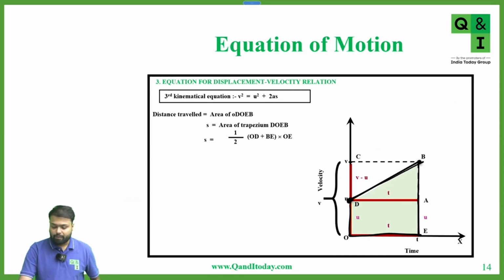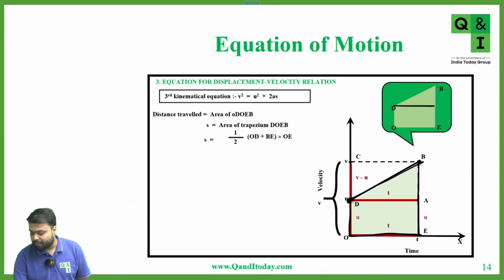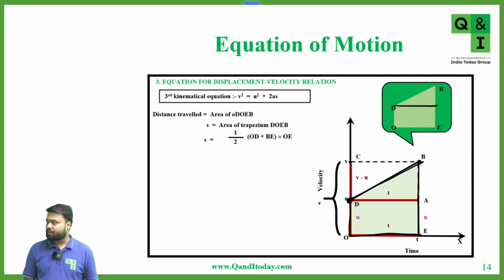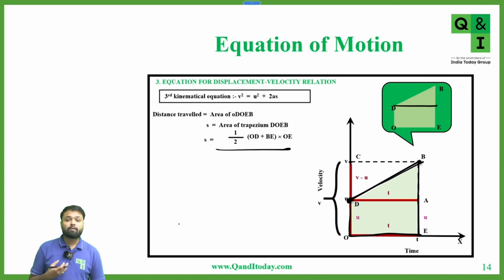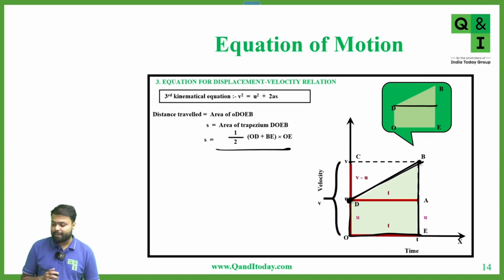Now we can break this trapezium into two parts, one is a rectangle, another one is a triangle. Or you know the formula of area of trapezium, half sum of parallel sides into height.